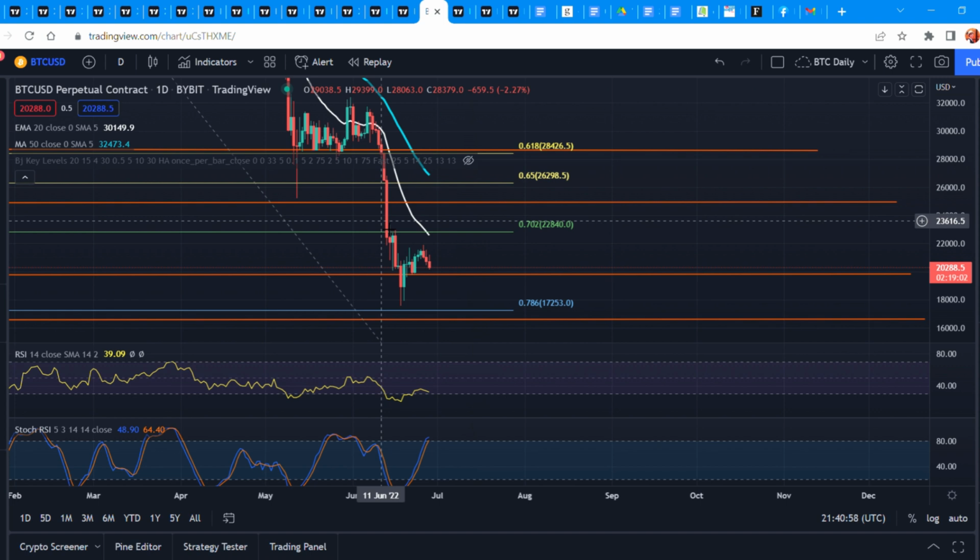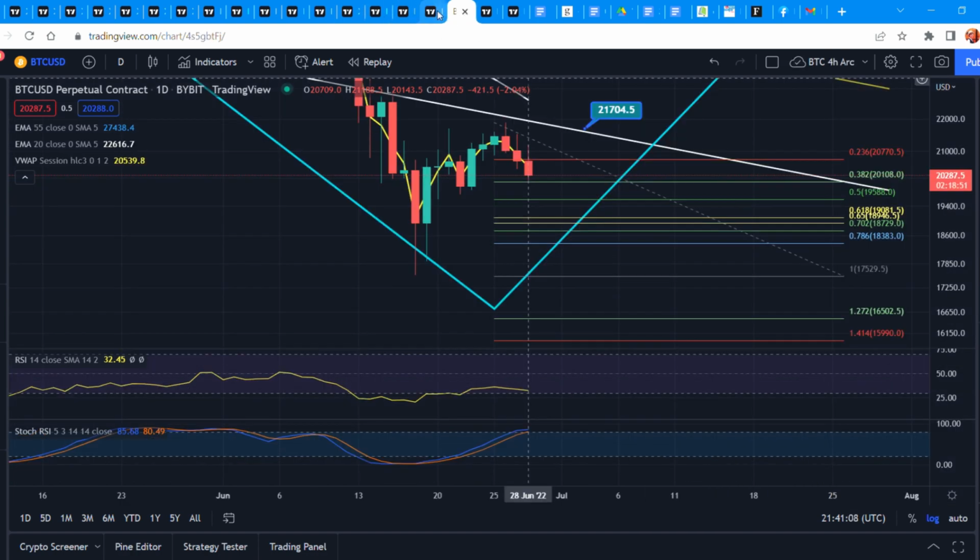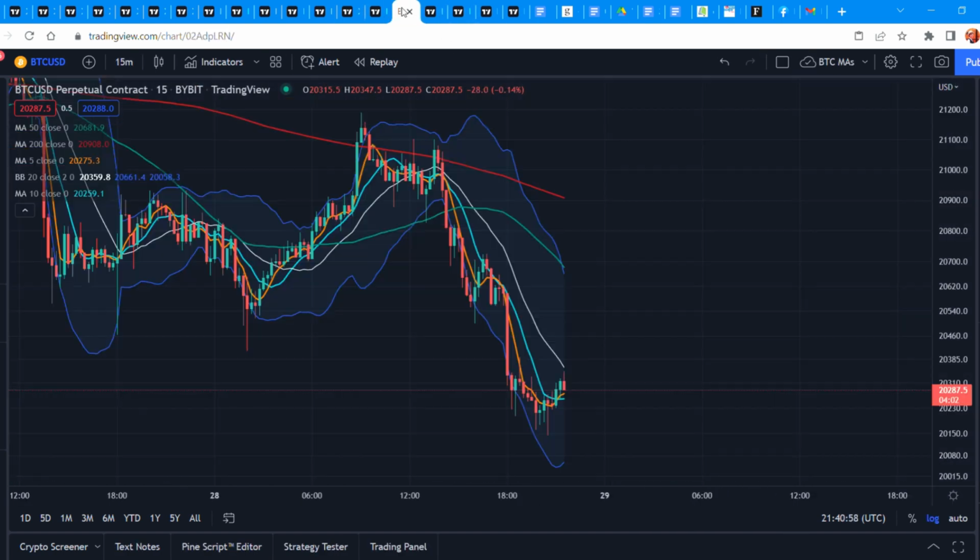So for me, the 22K would be a level for DCA. Once we get above the 20 EMA on the daily, it's a good opportunity to DCA, to put a little bit more in the trade and consolidate my position in the long.